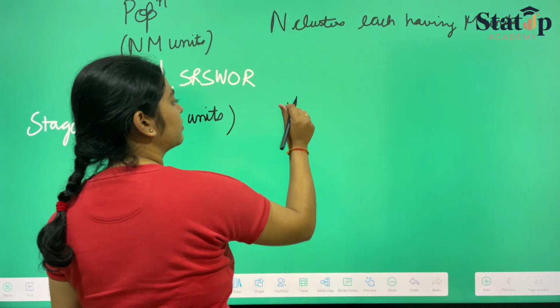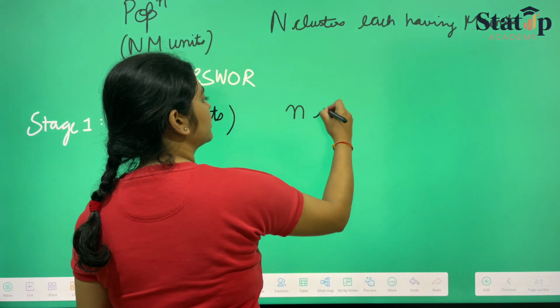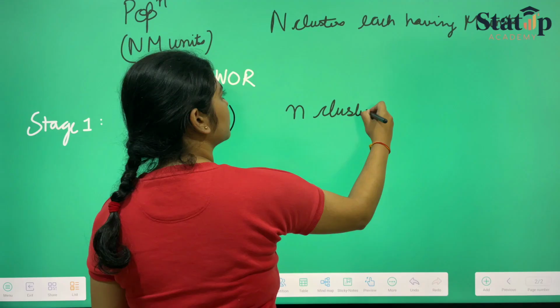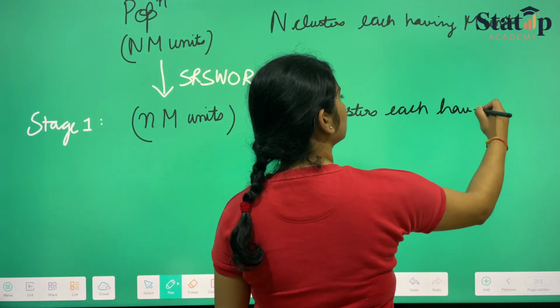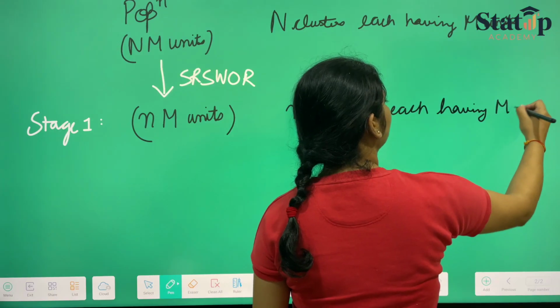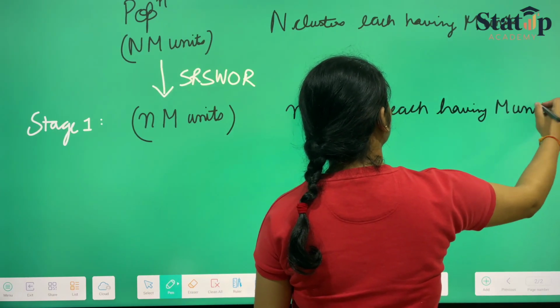So small n clusters, each having capital M units. This was stage 1.